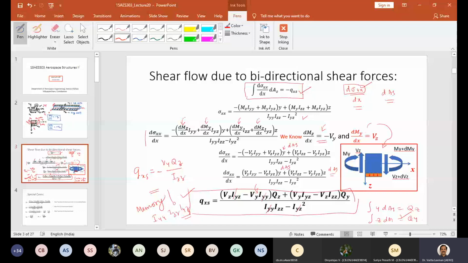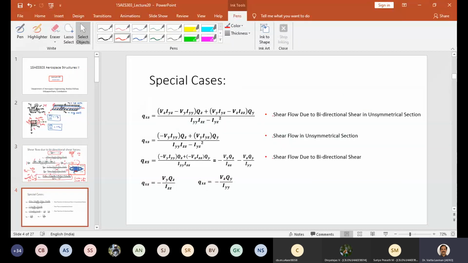Let us see. First we will try to see the special cases. The first one is the very general case: bidirectional shear in an unsymmetrical section. Here Iyz is present, which means definitely an unsymmetrical section, but it may be subjected to one shear force, Vy or Vz. Here it is Vy, so it is unidirectional shear flow on an unsymmetrical section.